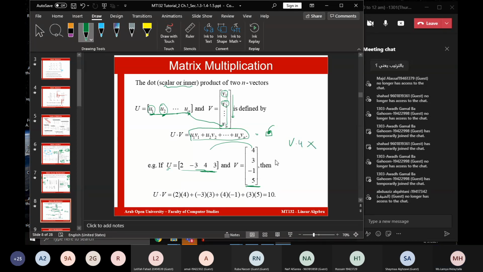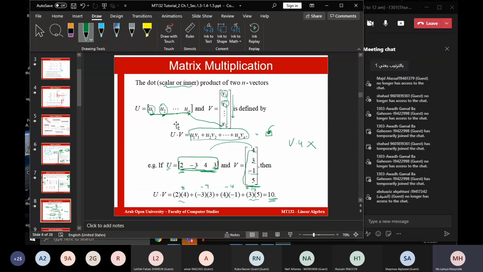No. But U, a row, you multiply times the column like that. How do we do it? 2 times 4, and minus 3 times 3, and 4 times minus 1, and 3 times 5. So you multiply 2 times 4 is 8, minus 3 times 3 is minus 9, 4 times minus 1 is minus 4, plus 15. Add up, you will get the result which is 15.